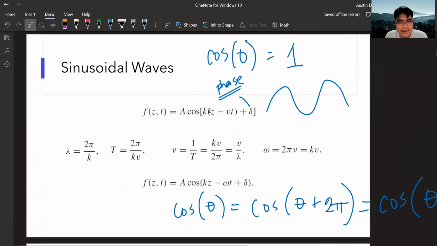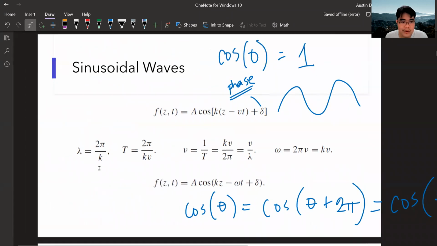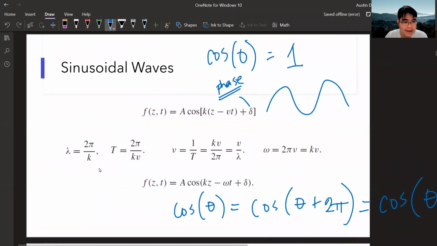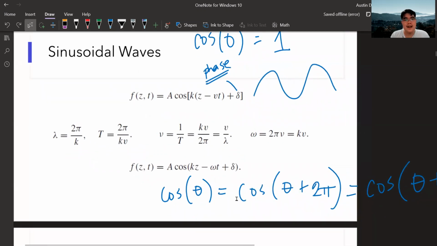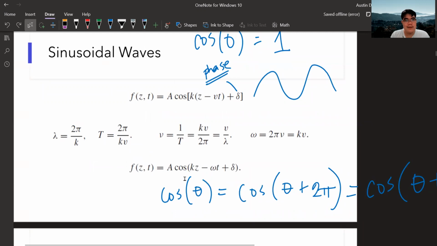Now, si z ay function of space and si t ay function of time. Si v dito ay velocity and k is the wave number. The wave number is related to the wavelength, which is lambda here. Okay guys, yung mga math na gagawin natin today, medyo paulit-ulit siya and nakaka-confuse siya on the pagpaulit-ulit mo.